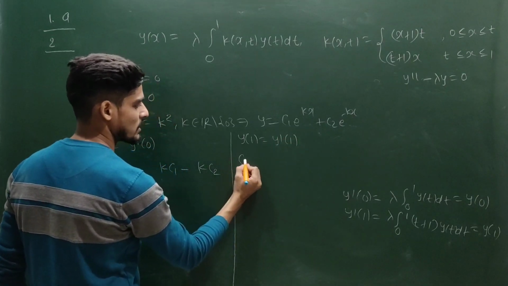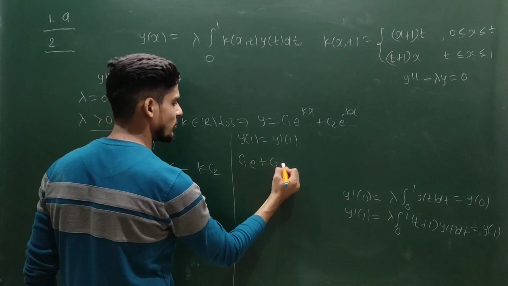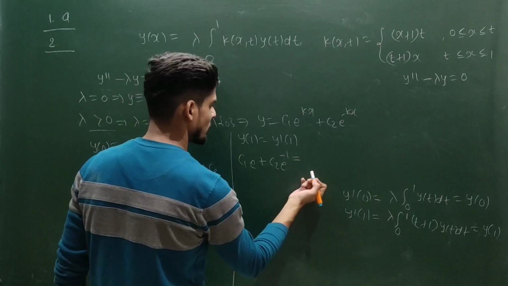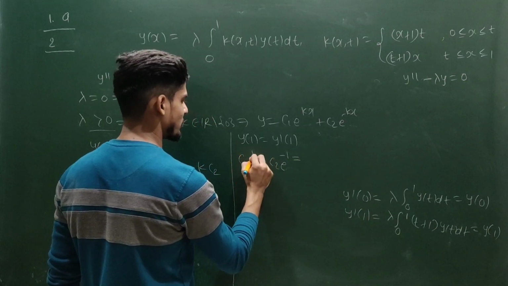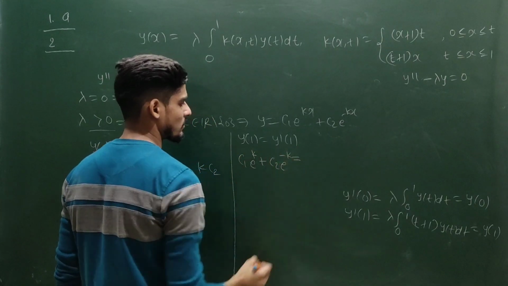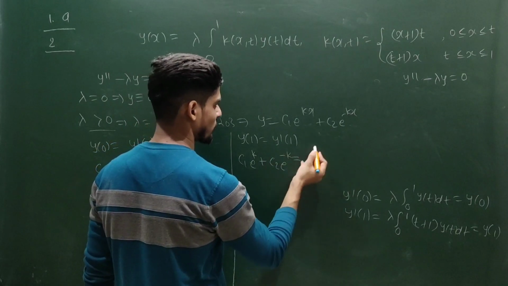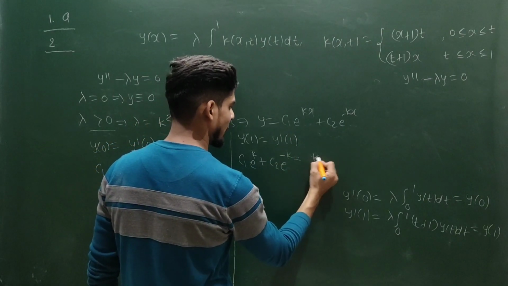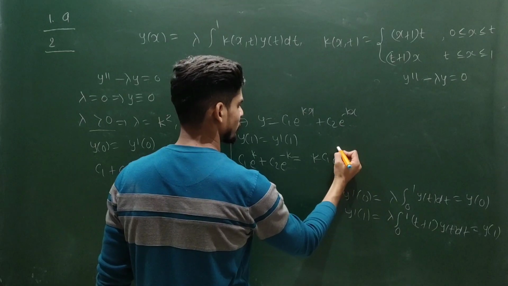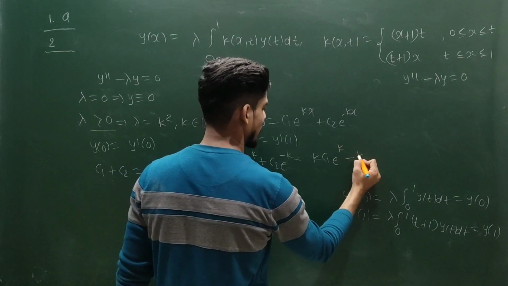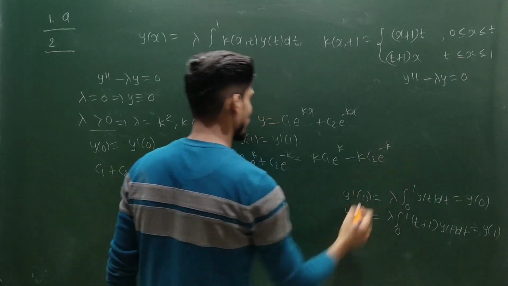So you are going to get c1 e power k plus c2 e power minus k, which is equal to y dash at 1. So you derive it, then you will have k times c1 e power k minus k times c2 e power minus k.